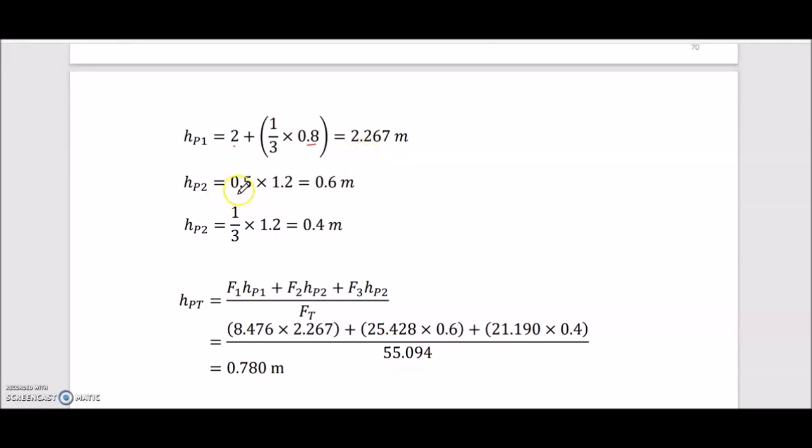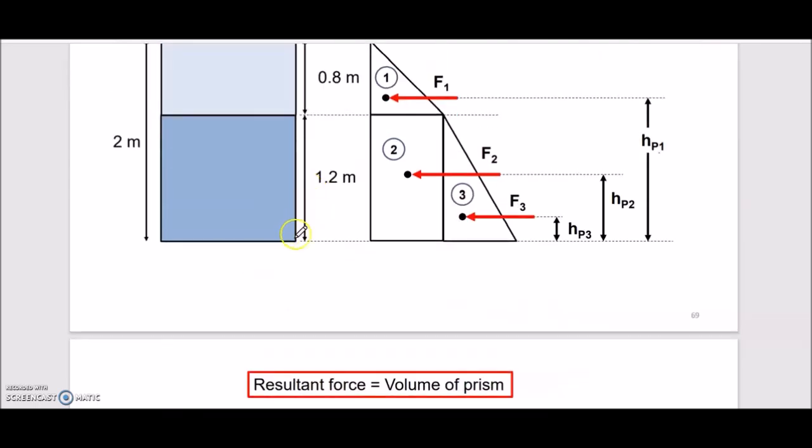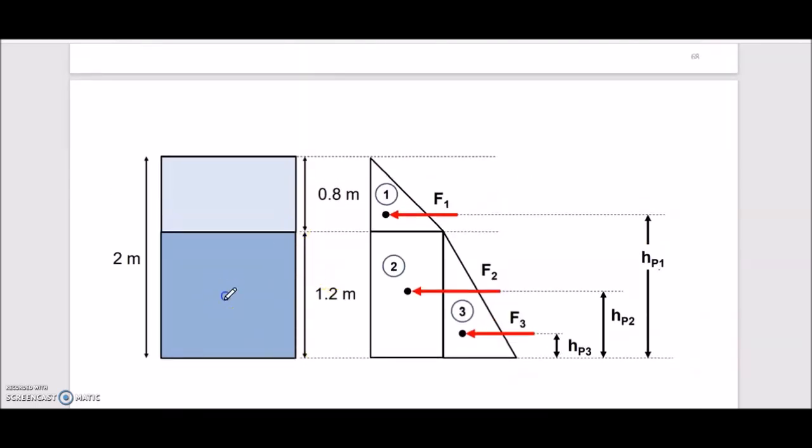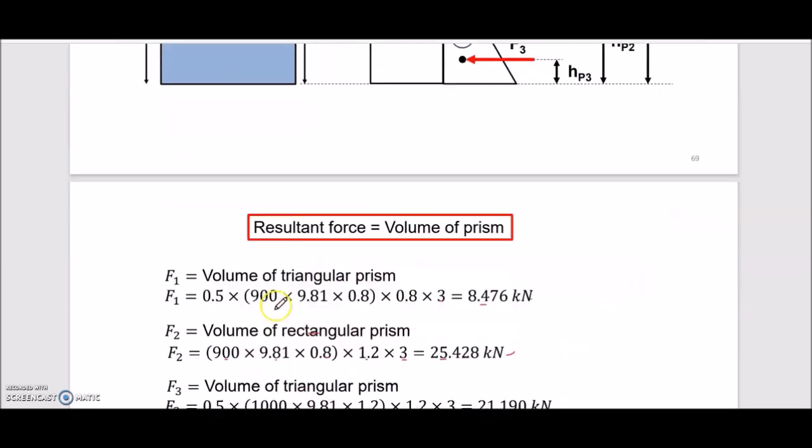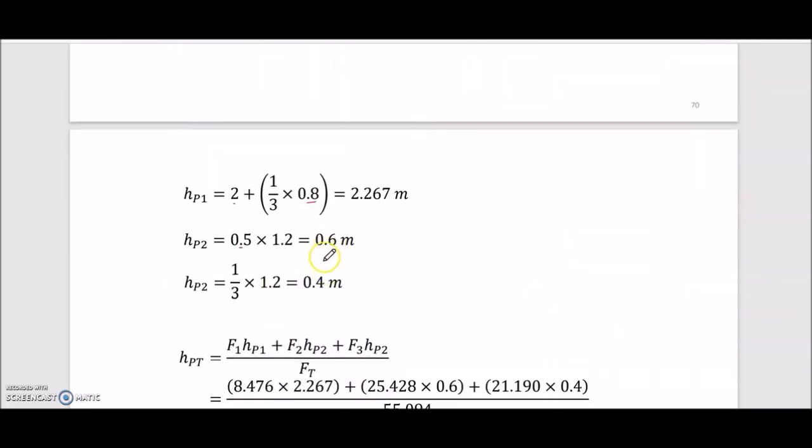Same goes for the rectangle: half of the depth, 0.5 times 1.2, gives 0.6.